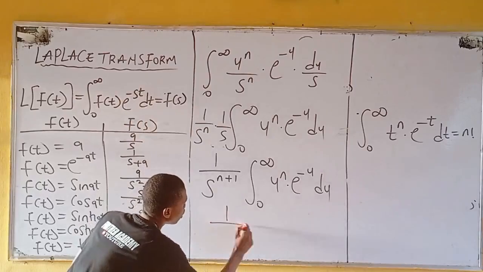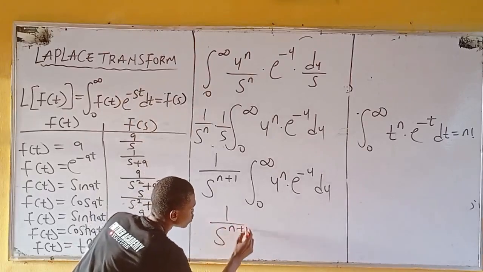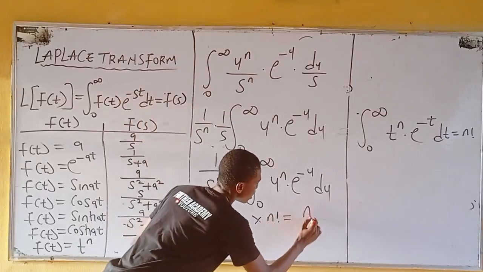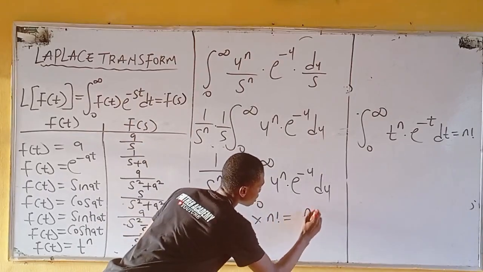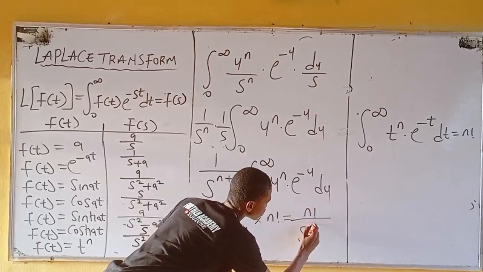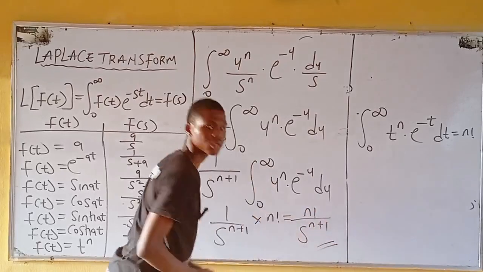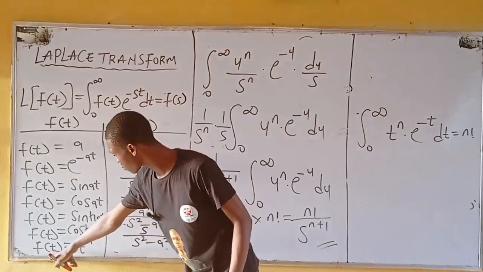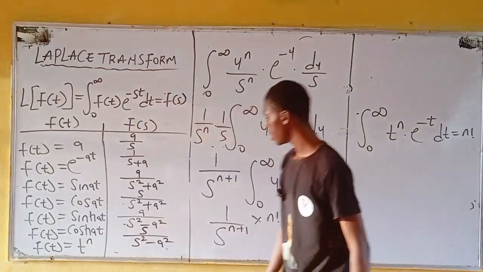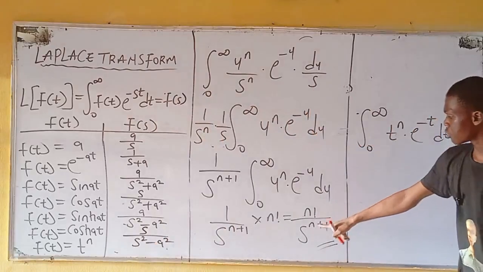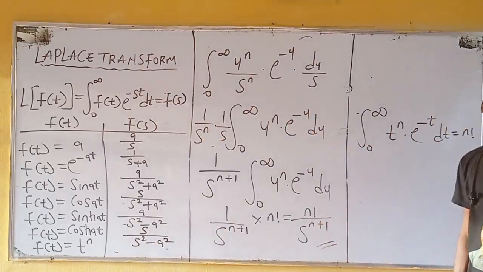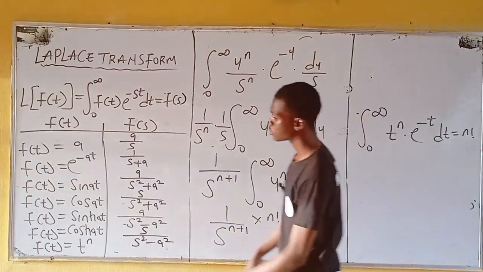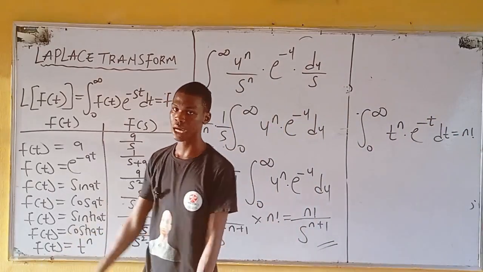That is 1 over x raised to the power of n plus 1 multiplied by n factorial, which equals n factorial all divided by x raised to the power of n plus 1. Can you see how it works? So the Laplace transform of t raised to the power of n is n factorial all divided by x raised to the power of n plus 1. This is the other method you can use to find the Laplace transform.